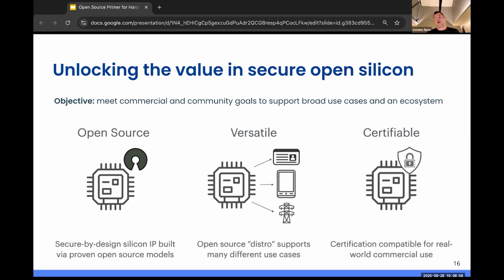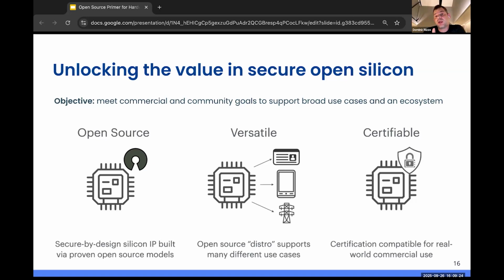There are three primary vectors to succeed on to do that. One is permissively licensed open source IP, preferentially stuff that's been silicon proven, building on past successes. Versatility is very, very important. Every design, every integration is different. It is very important to be flexible. And then finally, certification alignment.